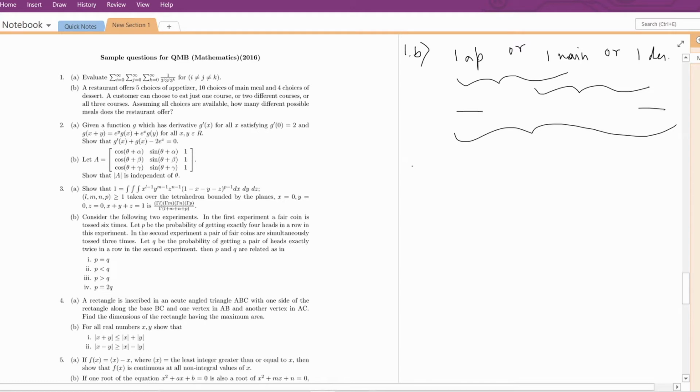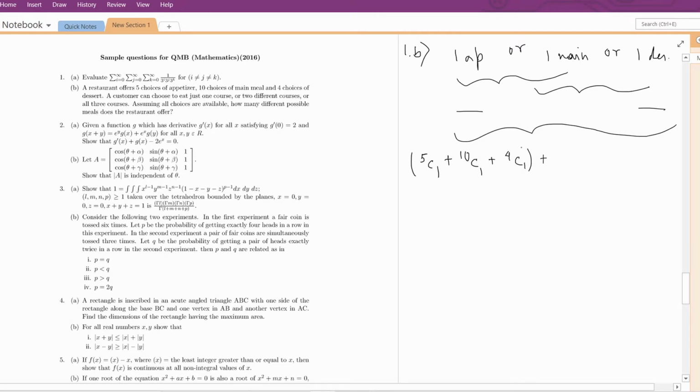First of all, the customer is choosing only one item. That means only one appetizer, only one main meal or only one dessert. So from 5 appetizers, one choice, plus, because these are all distinct, from 10 main meals, one, and from 4 choices of dessert, one.